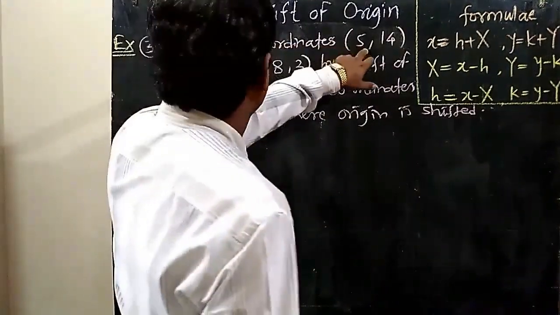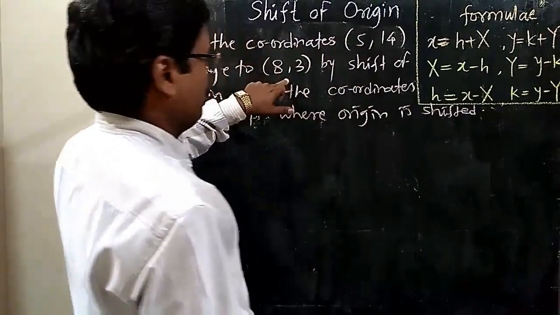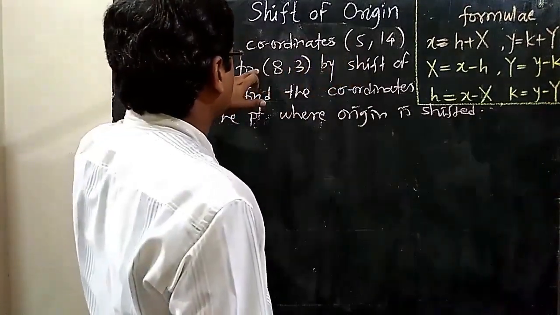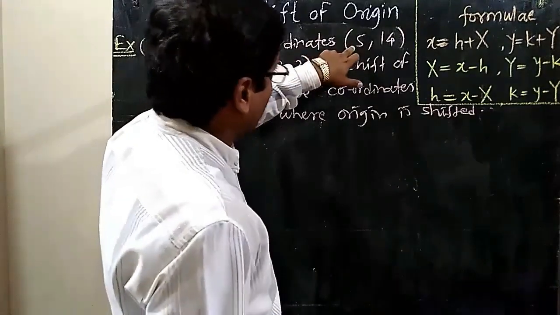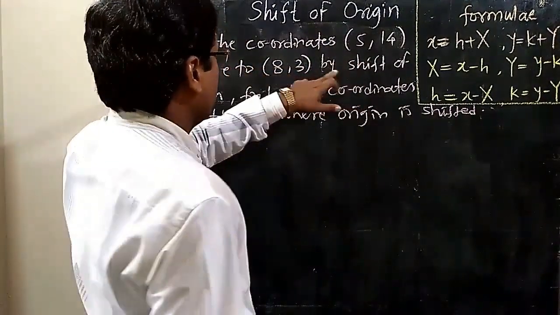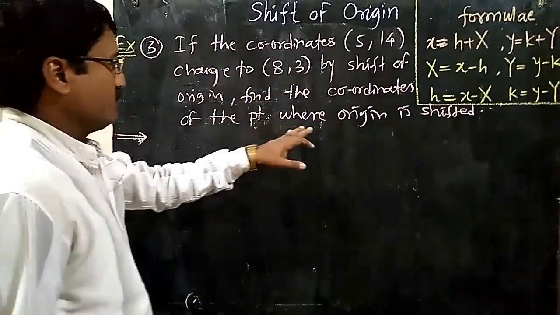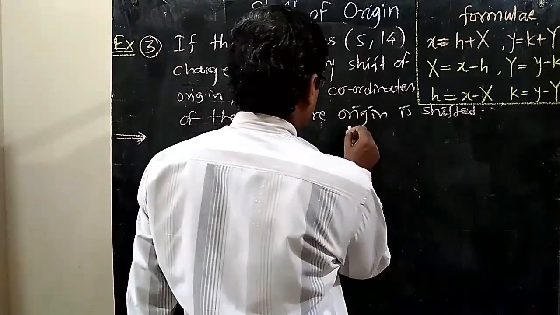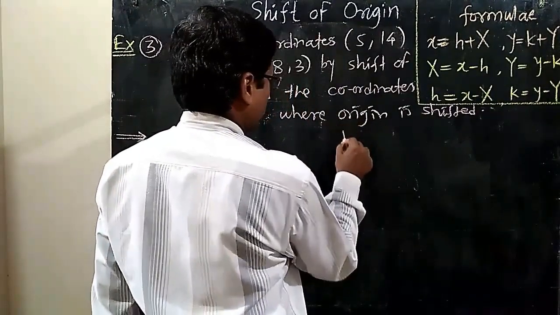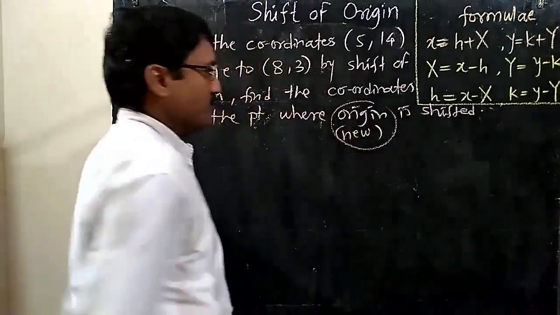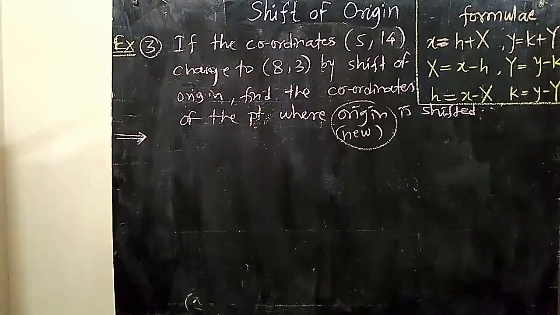If the coordinates of this point change to 8, 3, then this is the old point, this is the new point, or these are the old coordinates of the point, these are the new coordinates of the same point. Then by shift of origin, we find the point where origin is shifted, means what to find? New origin. Obviously this is the new origin that we have to find.